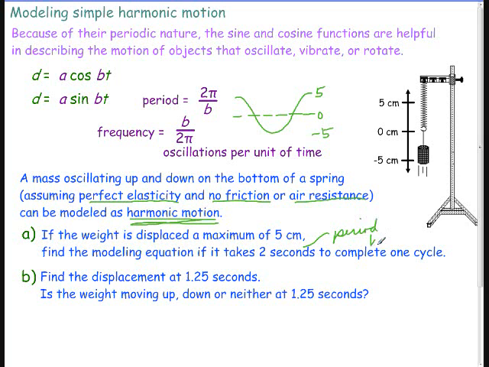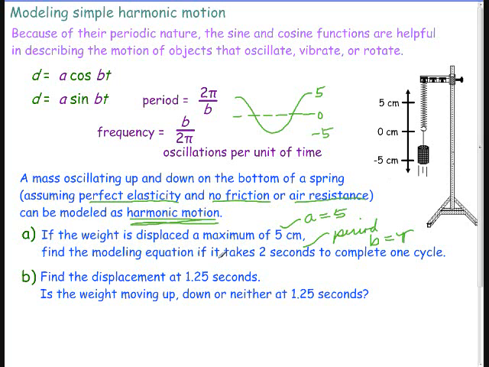So what is our B then? 2 pi divided by 2, or pi, right? If the weight is displaced at a maximum of 5 centimeters, we know our amplitude is equal to 5.